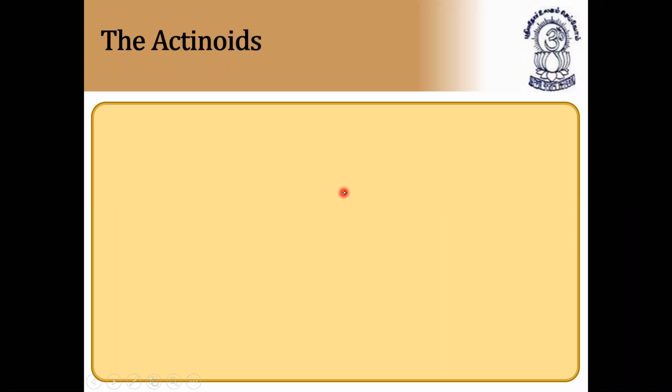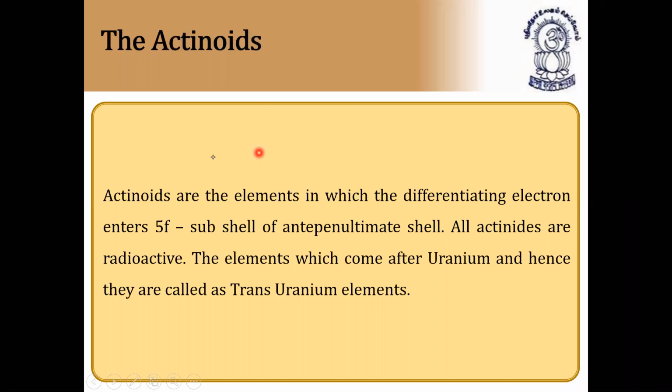After finishing lanthanides, we'll study actinoids also. It's a very small chapter, but very important. You'll get one question from lanthanides and actinides. Actinides are the elements in which the differentiating electron enters the 5f subshell of the antepenultimate shell.